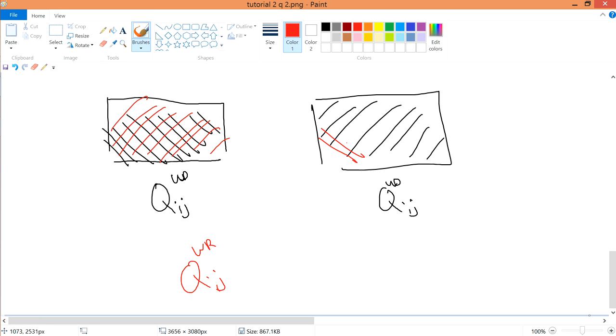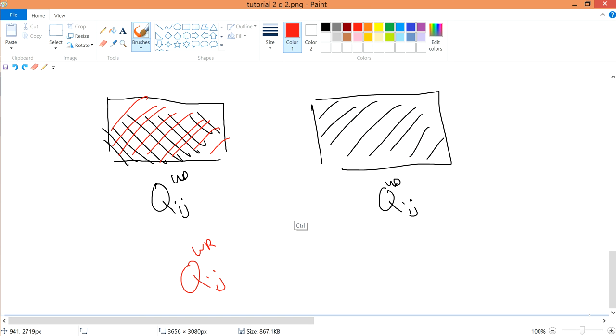You are making things like this. Qij unidirectional is only this direction. Qij woven roving is bidirectional. It is strong in this direction, and it is also strong in this direction. This is what it's trying to say.